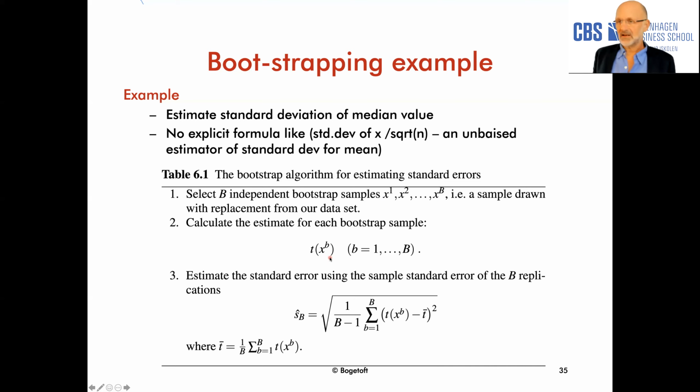So I get B observations of this statistic, which are the means, right?